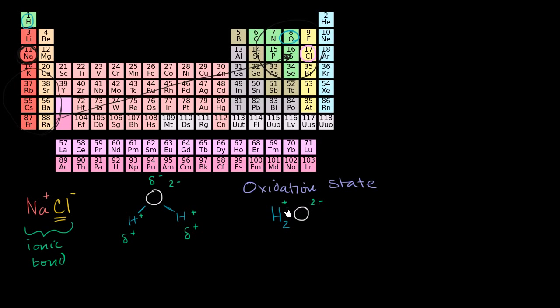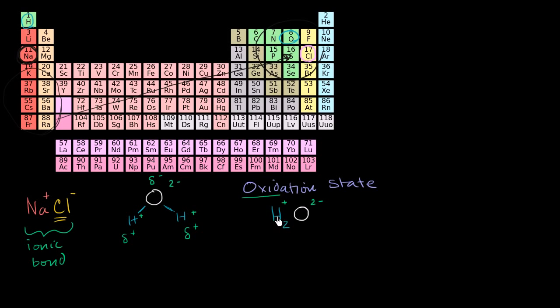These are ionic bonds. And you might say, okay, this kind of makes sense right over here. This involved oxygen in some way. That's why it's called oxidation states. And that's how I initially conceptualized it when I first learned about this.